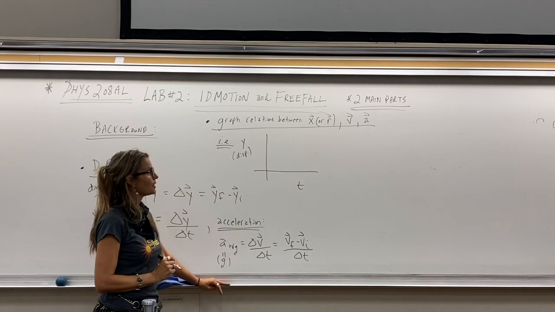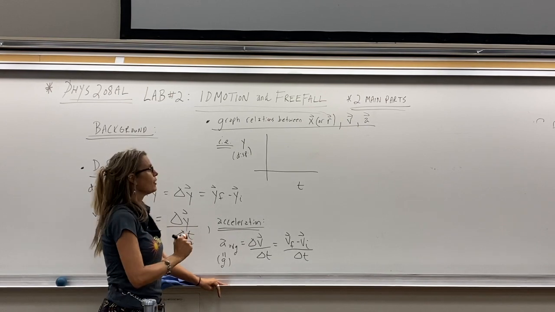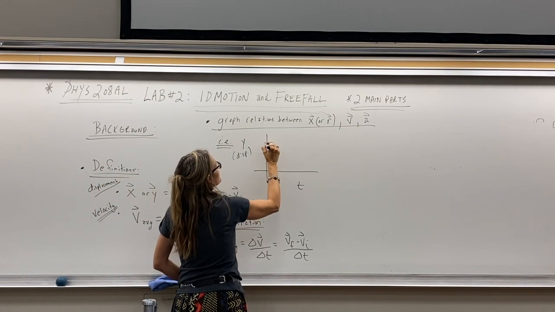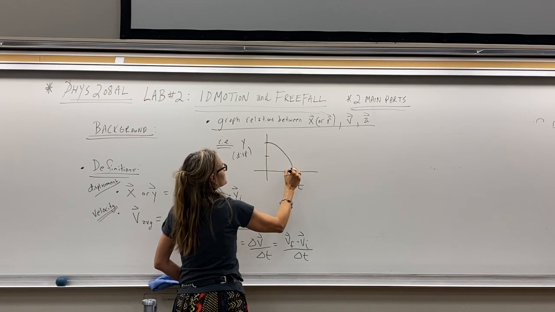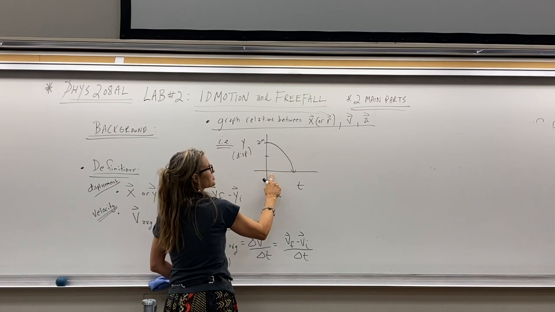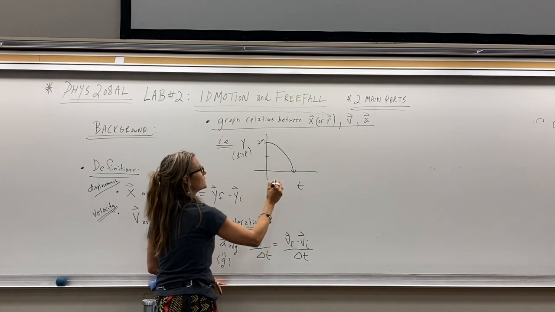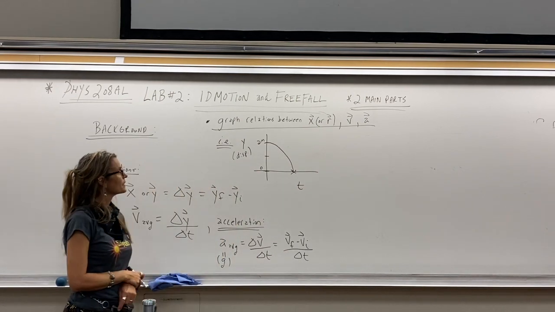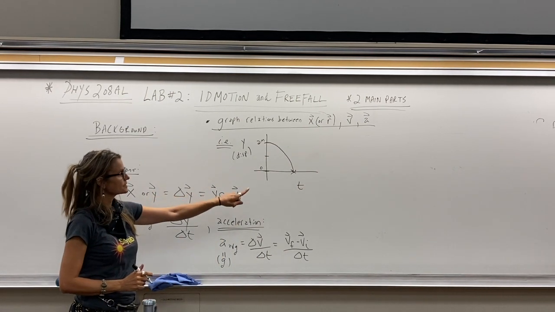If I'm going to plot out the drop of that ball, let's say I dropped it from a height of 2 meters, then this would be my curve. That would be the height of 2 meters, and this would be the amount of time it takes to hit ground zero right here. So there's my position versus time.